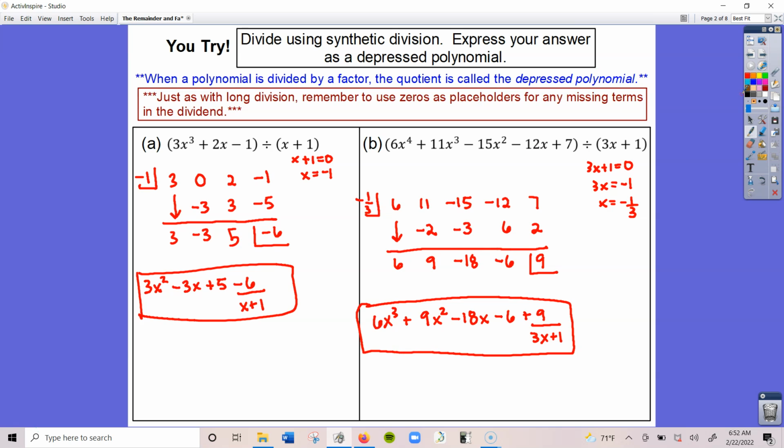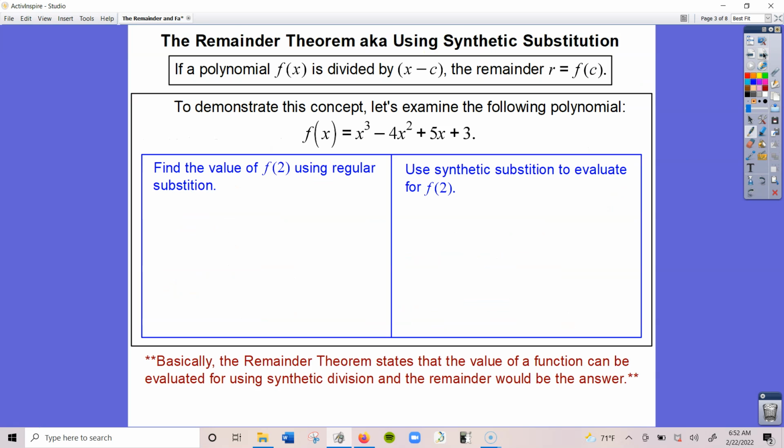So that's synthetic division. Now let's look at what is the remainder theorem. Before I explain what the remainder theorem is, let's have a look at this example. If I have f of x is equal to x to the third minus 4x squared plus 5x plus 3, I'm going to find the value of f of 2 using regular substitution. What I mean by that is when we see f of 2, we are going to plug in 2 into every x.